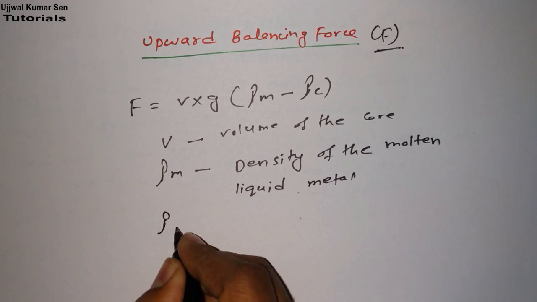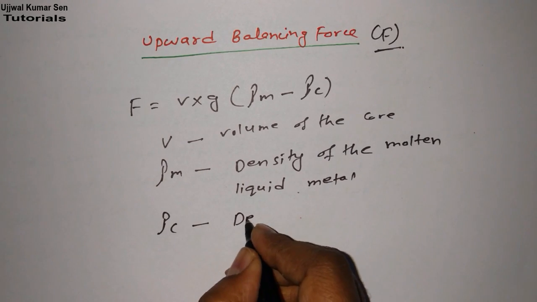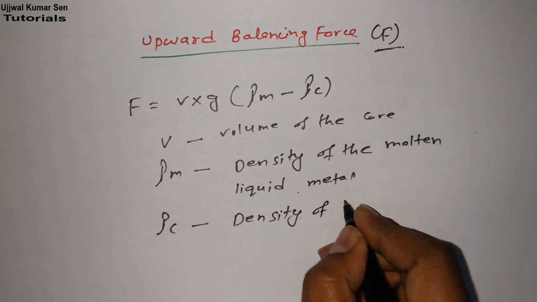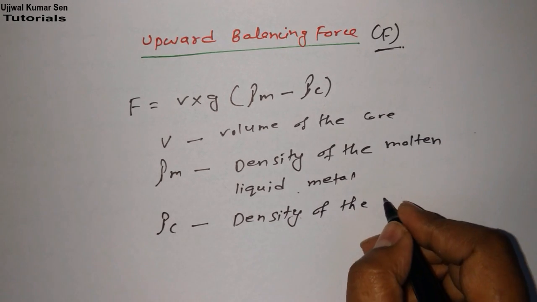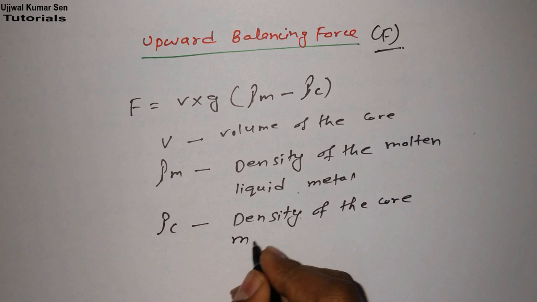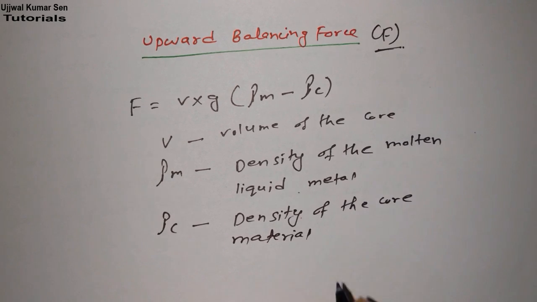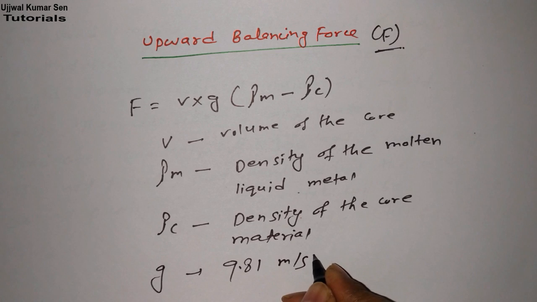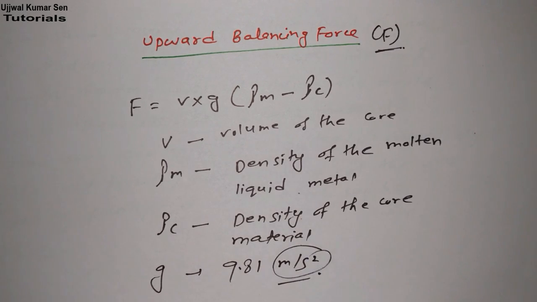And what is rho c? Density of the core material. And g is 9.81 meter per second square. Focus on units, because units play the most important role in solving the question right away.